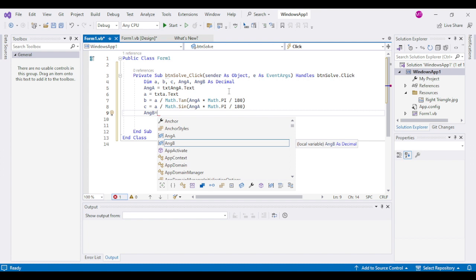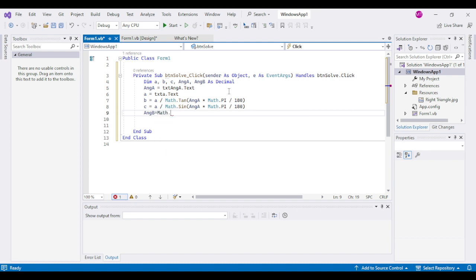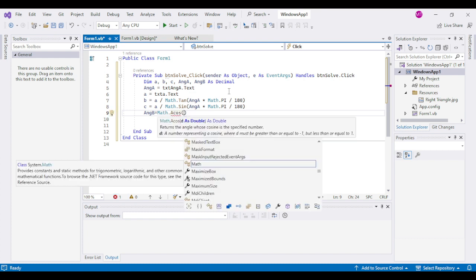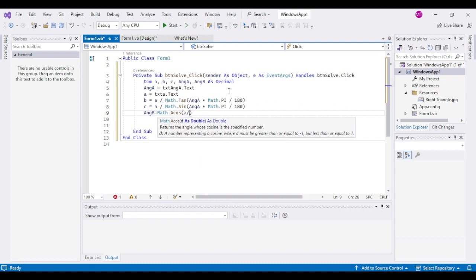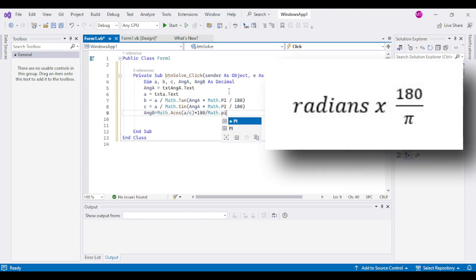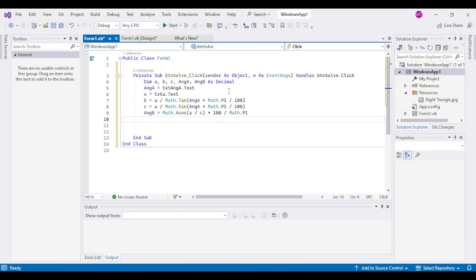So Math.Acos is equal to A over C, so A divided by C. But our answer here is in radians, so we have to convert it into degrees. So we multiply this by 180 divided by pi. There we have it.